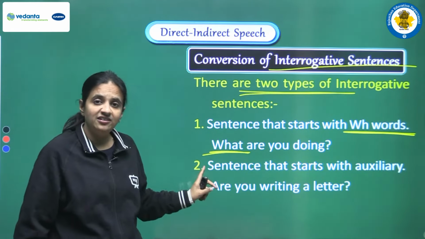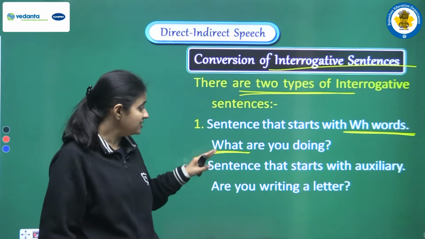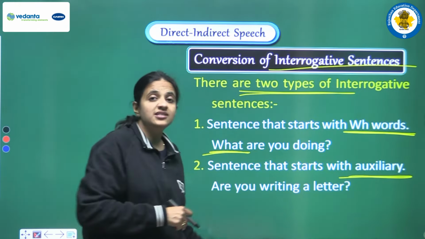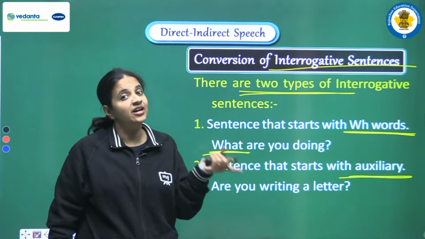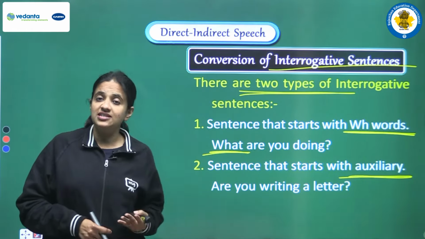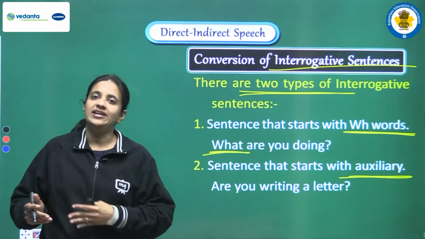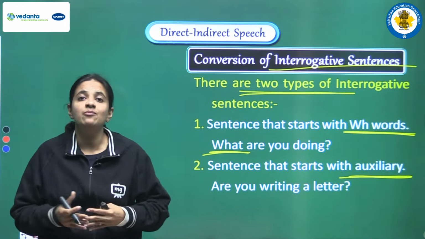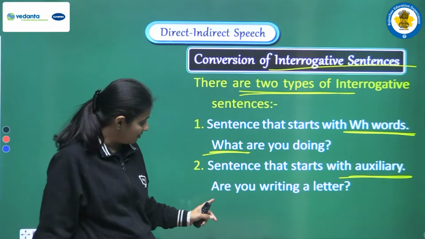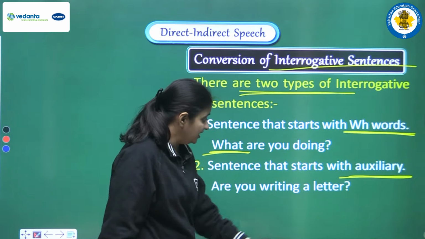Now let's see the second category. The second category of interrogative sentence is the sentence that starts with any auxiliary verb. In such a sentence we won't have any WH word, and in the place of the WH word we will have an auxiliary. Auxiliary means we can have any helping verb, or any modal auxiliary also. The example we have here is, are you writing a letter?